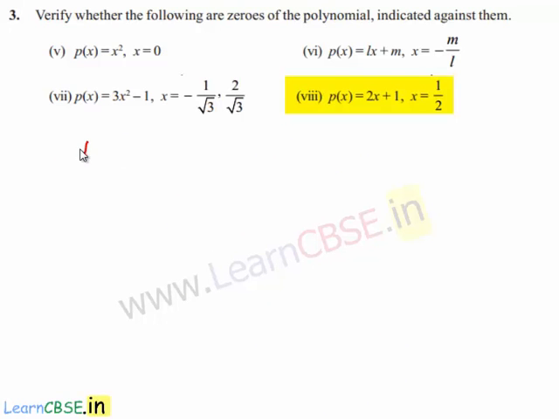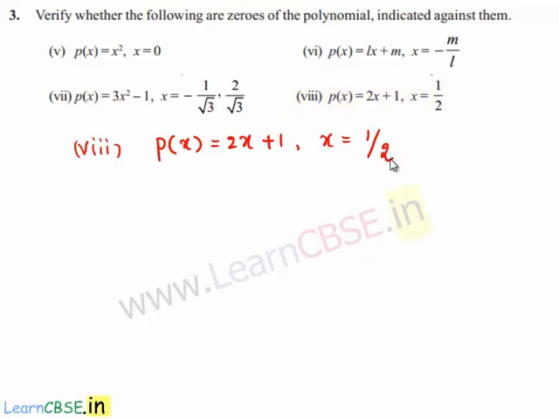Coming to the 8th bit, which is p of x is equal to 2x plus 1, given that x is equal to 1 by 2. So let us substitute x is equal to 1 by 2 in the given polynomial, which becomes p of 1 by 2 is equal to 2 times of 1 by 2 plus 1. 2 and 2 gets cancelled and we get 1 plus 1, which is 2.